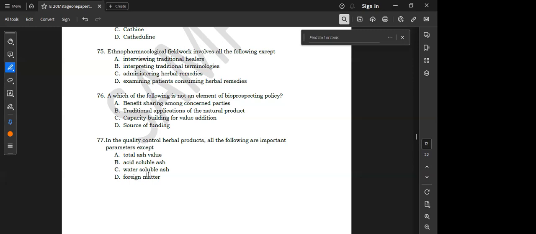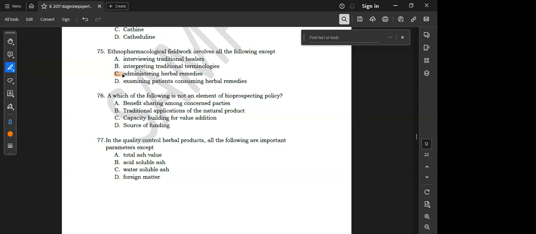The main aim is to discover effective drugs based on the therapeutic use of plants by indigenous people. I think C is going to be the right answer. It's like you're collecting information, not administering, right? Yeah, so you can go with C.